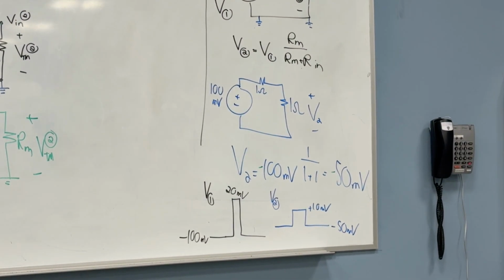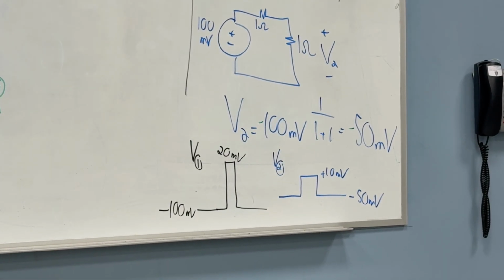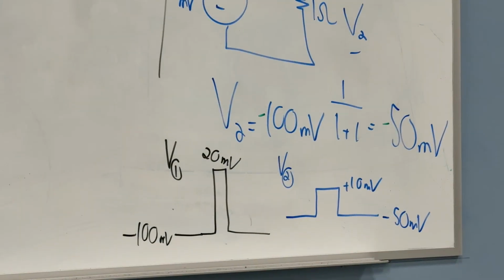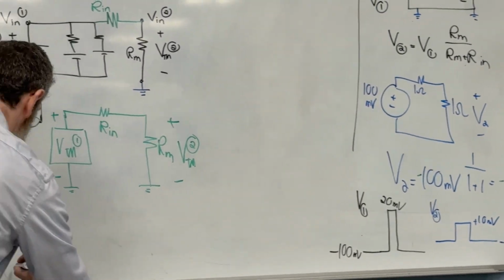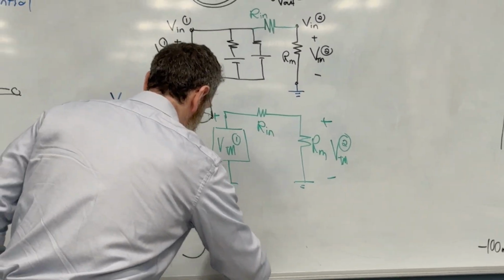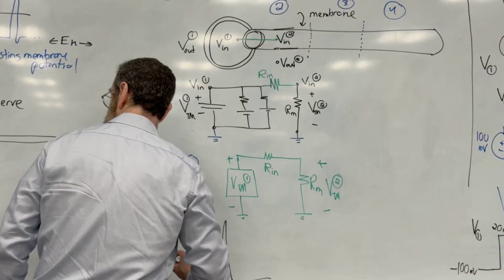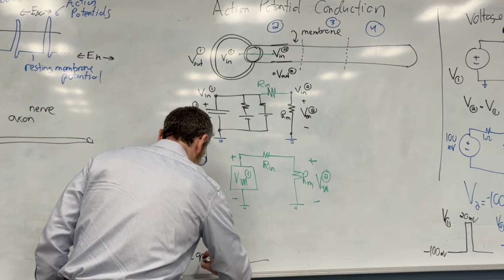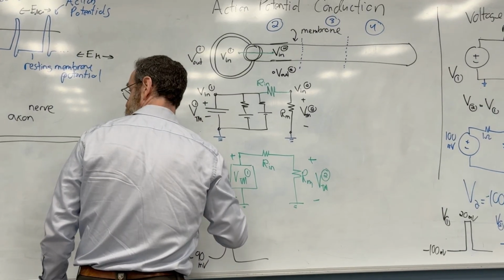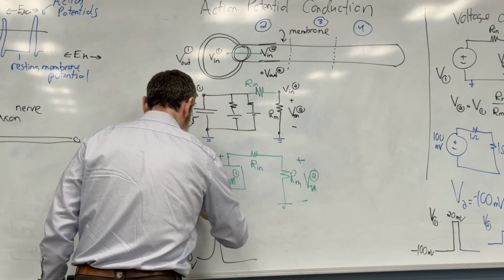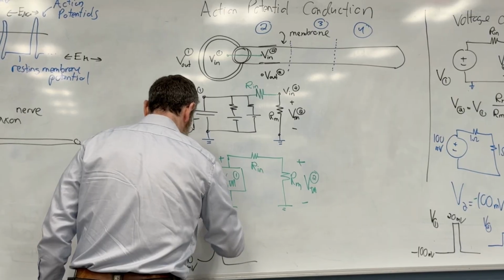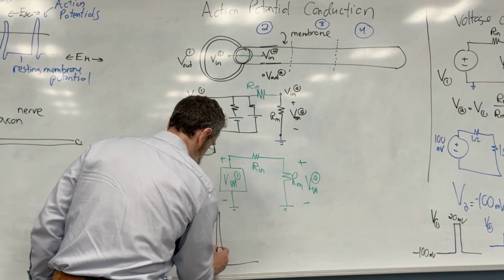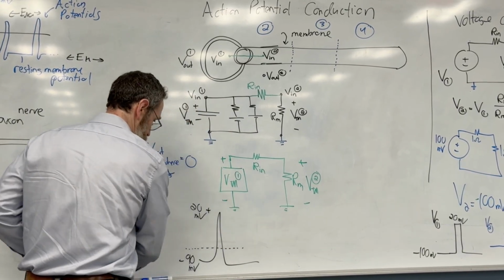So I can draw here, let me go back to black. If in location 1, I have an action potential that goes from, let's say, minus 90 millivolts to plus 20 millivolts. Is there 0? Nope, that's not our 0.